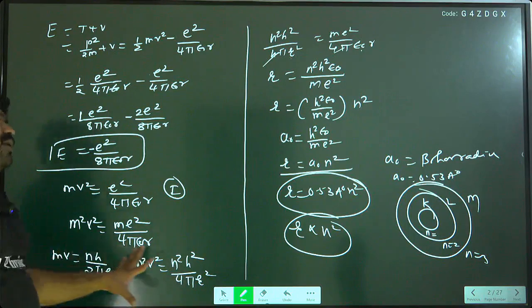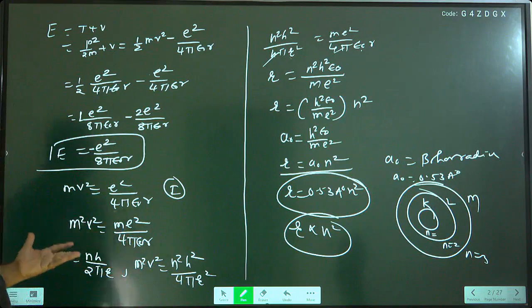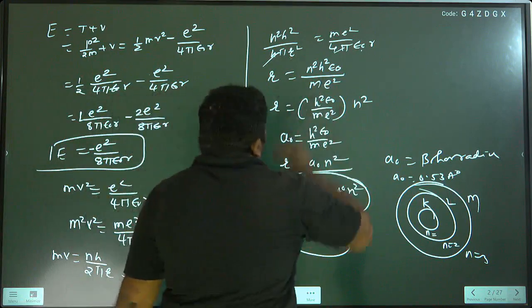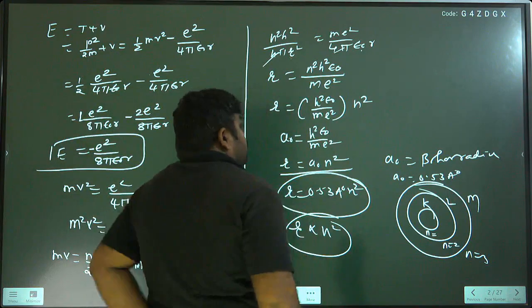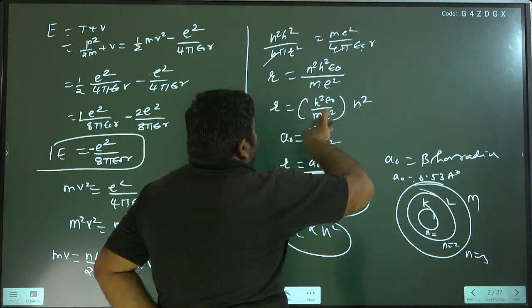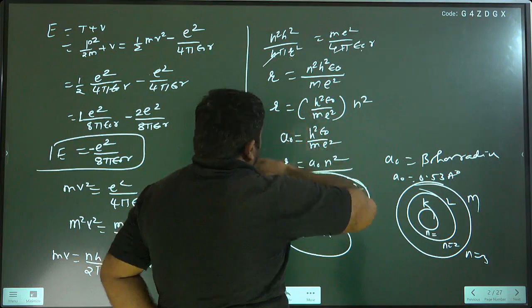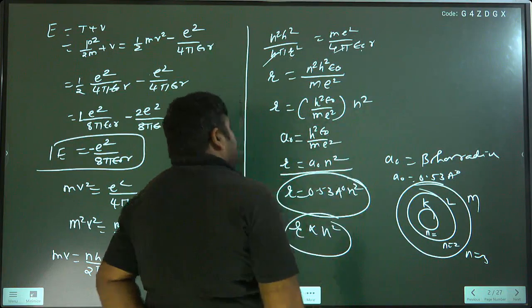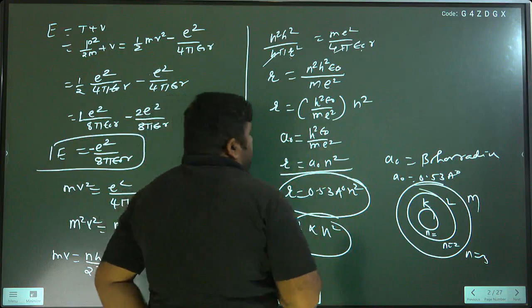लेकिन हमें r की वैल्यू फाइंड आउट करनी है, because r write down in the form of constant part. Okay, then we get r value is equal to n square h square epsilon naught upon pi z m e square. Okay, then r is equal to how much? This one is constant into n square, and this constant value is nothing but a naught.